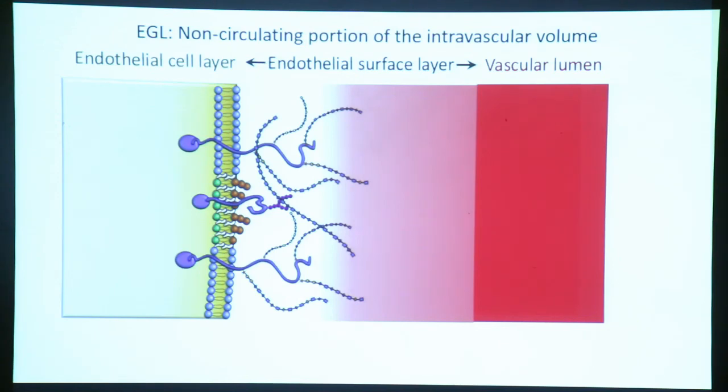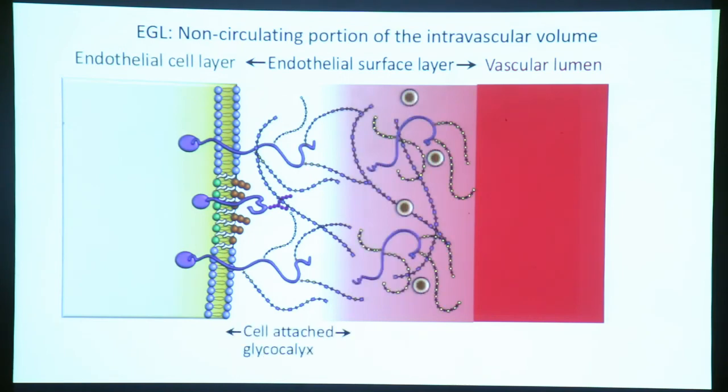Now this portion of the endothelial glycocalyx is attached to the cells. But there is a portion in the pink part which is not attached to the cell. This non-attached part is a soluble form of glycocalyx which is shed away from the attached part.